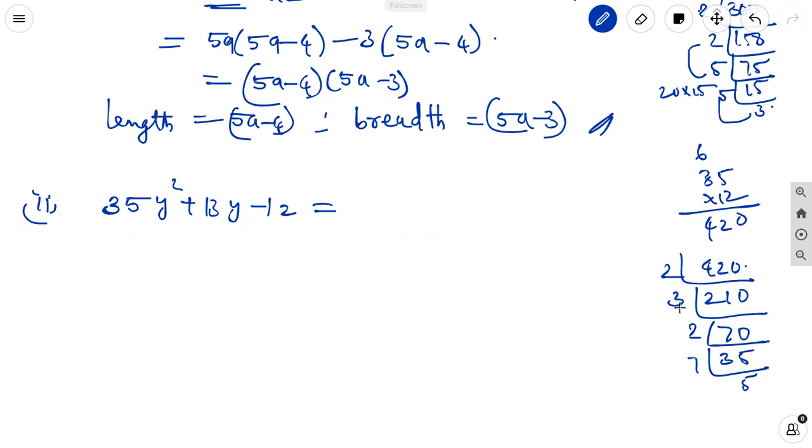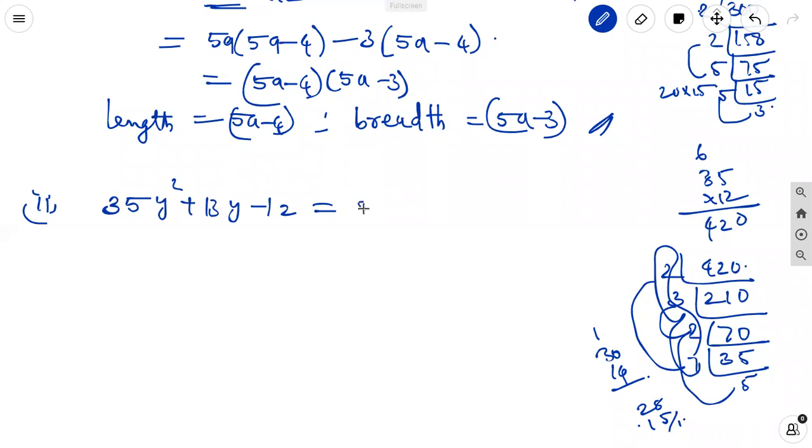Checking pairs: 7 2s are 14, 5 2s are 10, 7 3s are 21, 7 4s are 28, and 15. 28 minus 15, which means 13 we are getting.